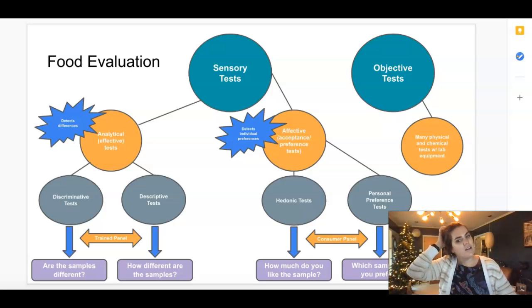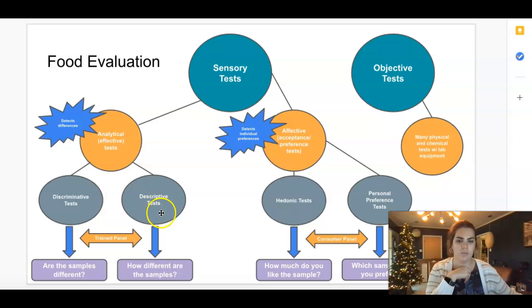Whereas our analytical tests, we are trying to find specific differences between the tests, but still using our human senses to do that. So with our analytical tests, we can further break that down into discriminative or descriptive tests. Both of these are going to be done typically by a trained panel who are able to determine the differences between samples.